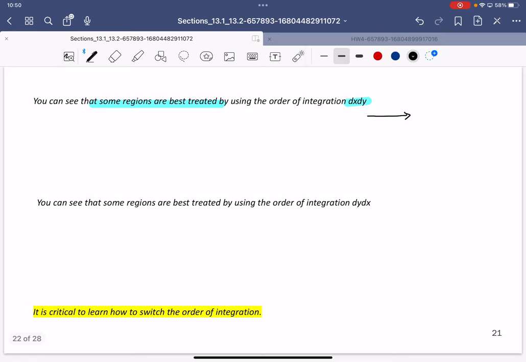For example, if you have this curve and this curve together, it means that when you draw the horizontal line here, you don't have to split the region at all.